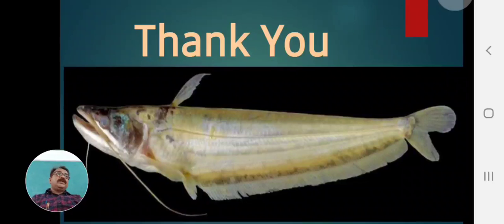For that purpose the skin has an important function. With all these functions, the skin is called a multi-function sheet. With this, we have completed the important article: structure and functions of skin of Wallago attu.